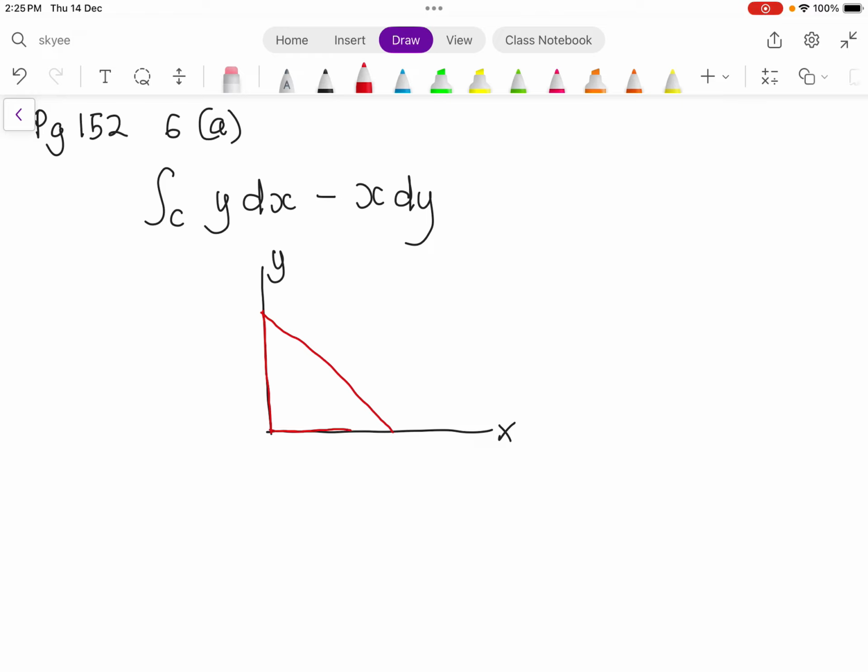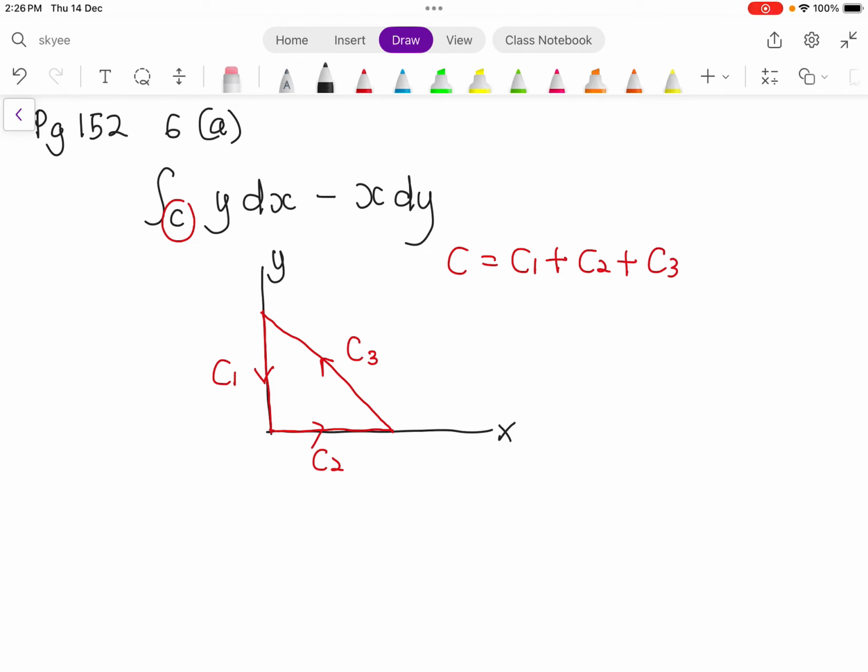This one represents your curve. We have the C1 curve, the C2 curve, and the C3 curve. The C over here is a combination of C1 plus C2 plus C3. This is what I mean by breaking the curve into different sections.